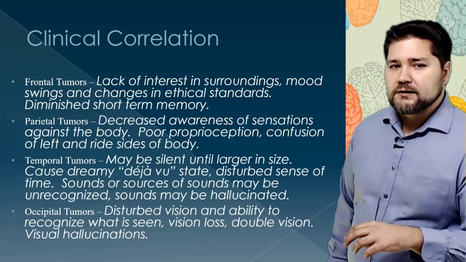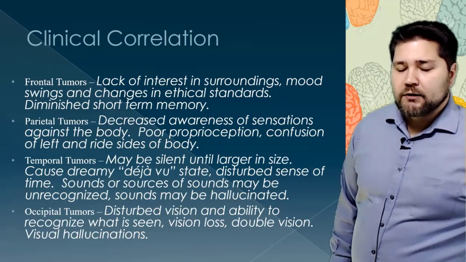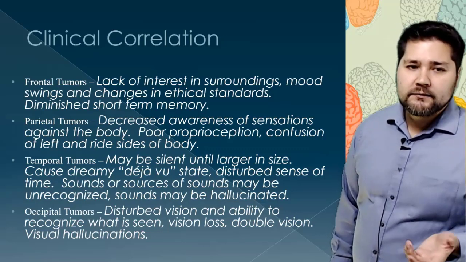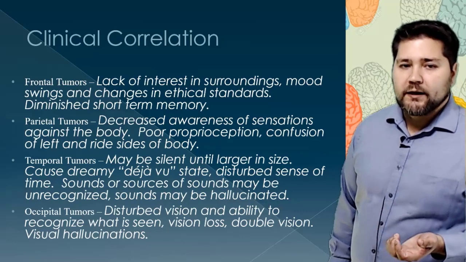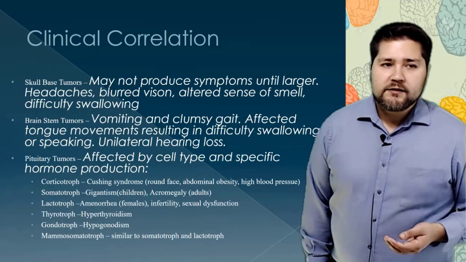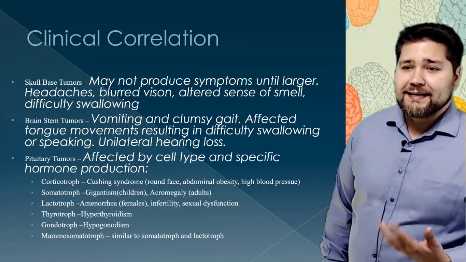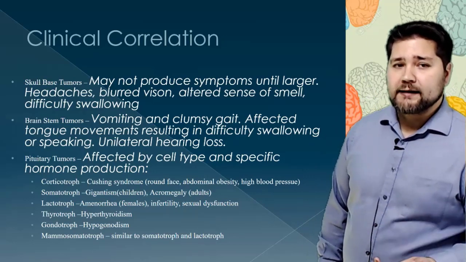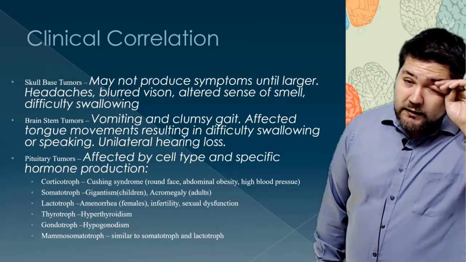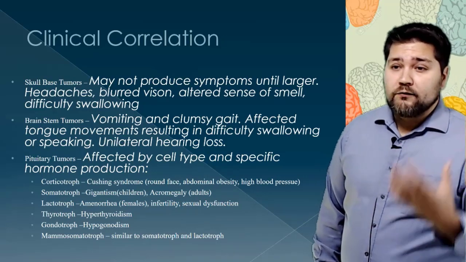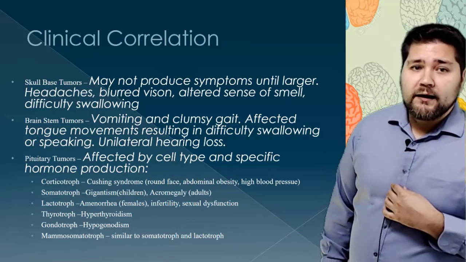When we start getting into some of the more primal brain structures, like the central brain and hindbrain components, it becomes a little more difficult, and a lot of our life-sustaining functions are going to be inhibited as well. So I talked about skull-base tumors and brainstem tumors. Skull-base tumors tend to be very problematic because they're hard to access, but because of the location of the skull base, we're really worried about things like our olfactory nerves, our optic nerves, anything on the lower aspect of our brain there.